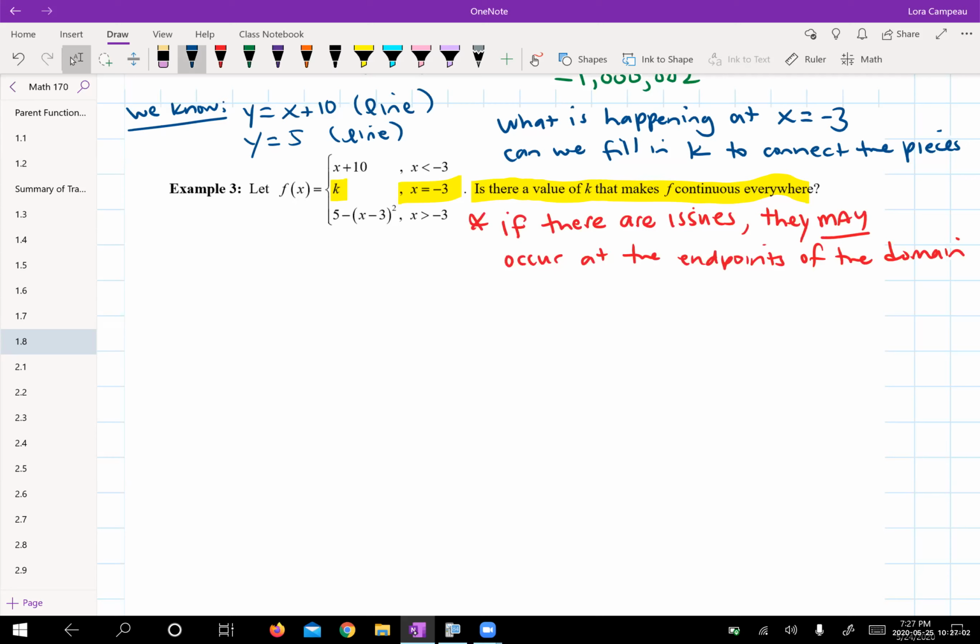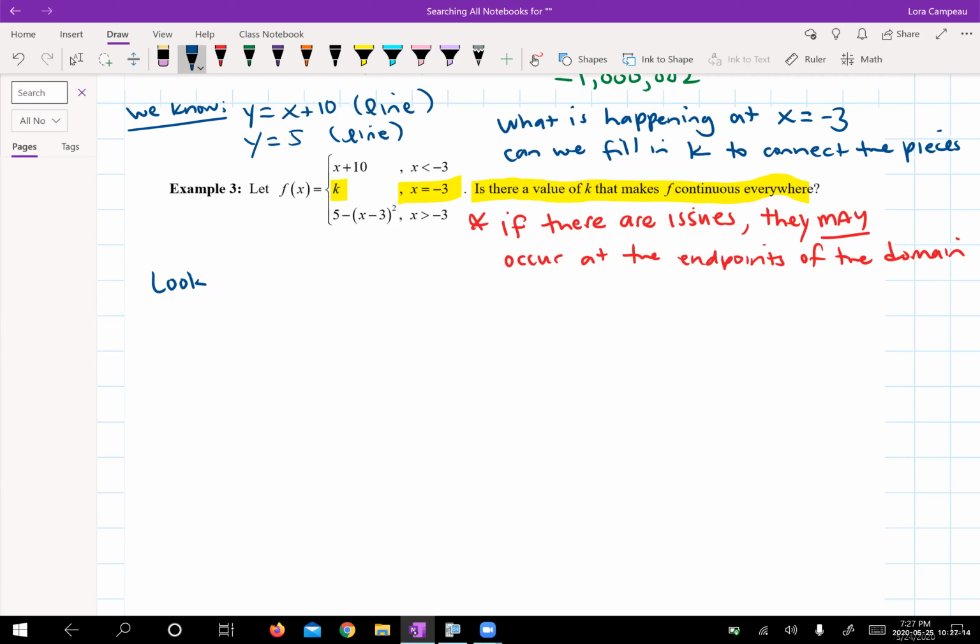So limits are where we're going to look for our discussion of continuity. It's the second criteria. So I'll formally say this, that we want to look at the one-sided limits, mainly because they're broken up into a few different pieces.